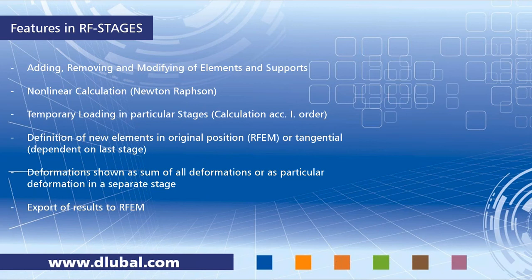That means, as I did in the example of the high-rise building, you can add columns and surfaces and even solid elements in several stages. You can remove them, like temporary columns, in the first stage or second, whatever. Or you can even modify elements. You can modify materials, hinges, and even supports.